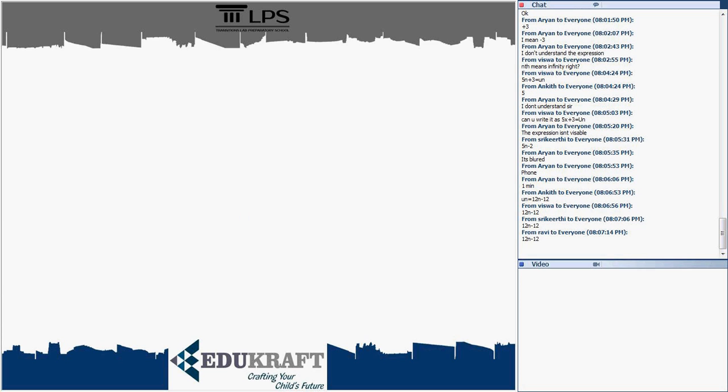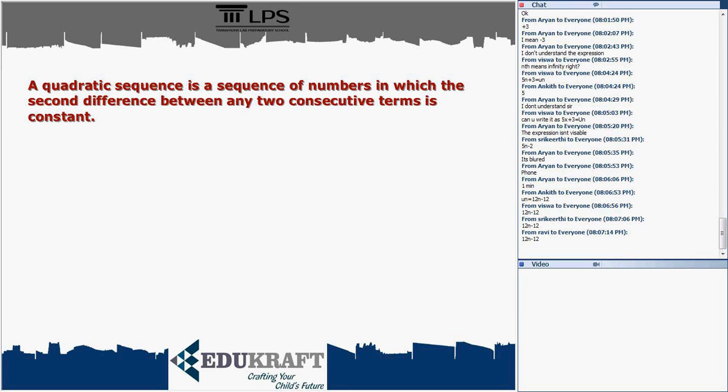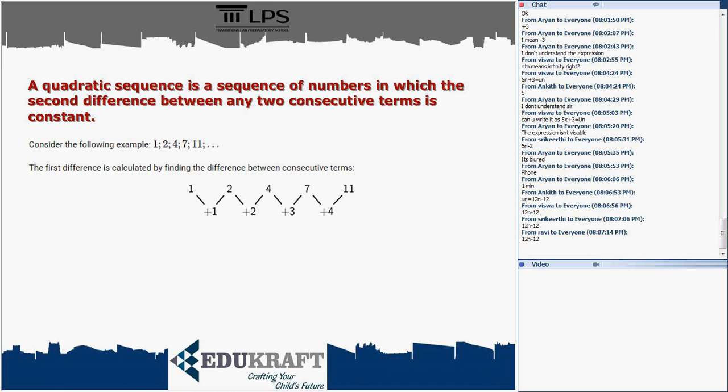Let's look at what is called the quadratic sequence. A quadratic sequence is a sequence of numbers in which the difference between any two consecutive terms is not constant. Okay, let us understand what this means. The differences are going to be 1, 2, 3, 4, and observe carefully, this difference is not a common difference.